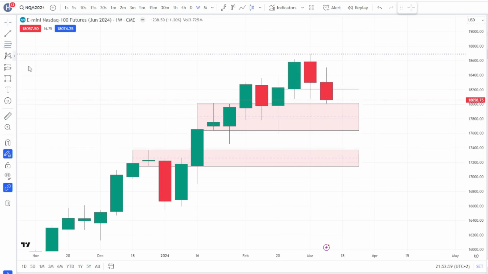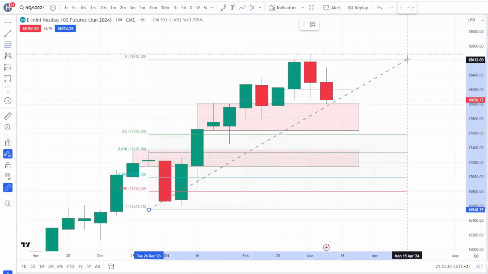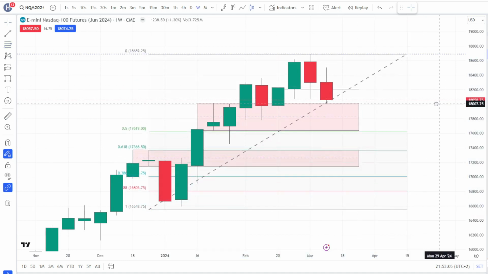And if we will take Fibonacci, which is a very important tool, and we stretch it, we can see that price already reached discount when it went down. It actually, you know what? It didn't reach discount. It had respected discount price of 50% earlier, but if we're talking about this top, it hadn't reached discount, this lower area.